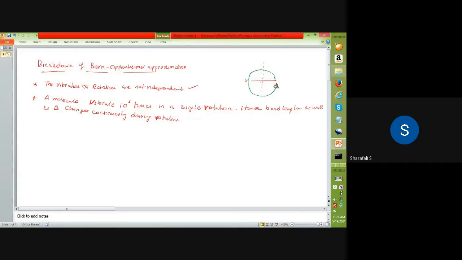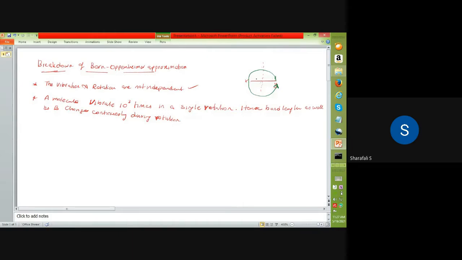According to the Born-Oppenheimer approximation, this rotation can be treated independently from the vibration, but that is not the reality. Along with this rotation, vibration also happens.